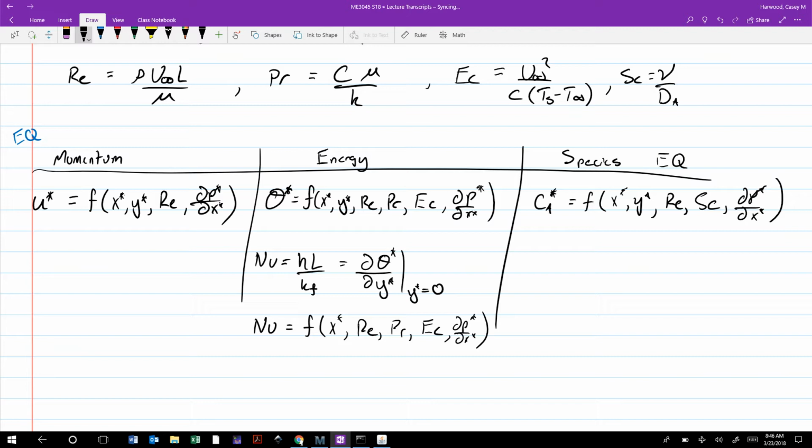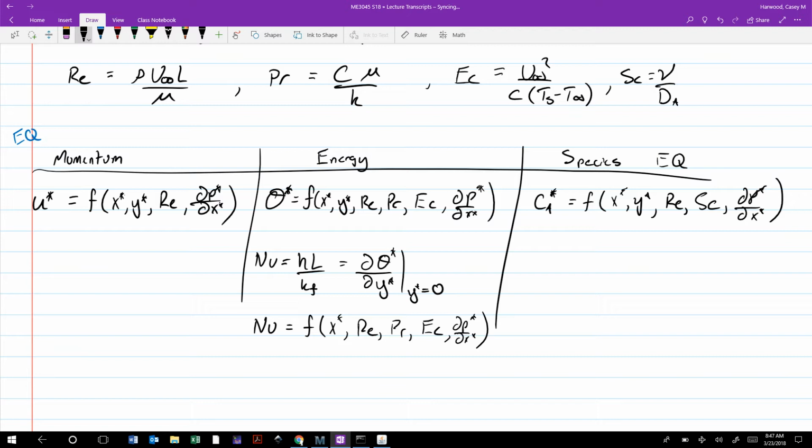Momentum has a similar thing going on. Rather than the transfer of thermal energy, if we consider the transfer of momentum, the rate at which momentum is transferred from a surface to a fluid, what that leads to is a force, since rate of change of momentum is equal to a force. It's Newton's second law, F equals ma.